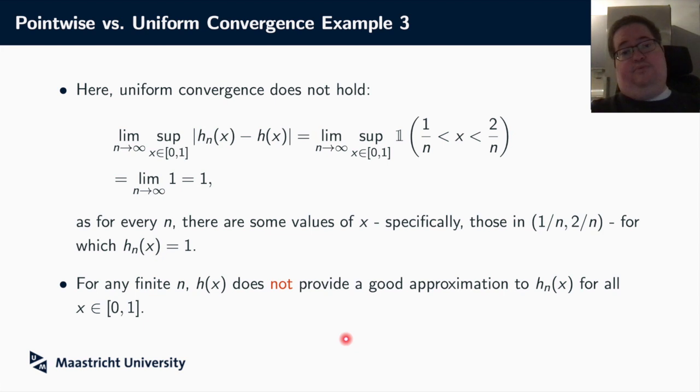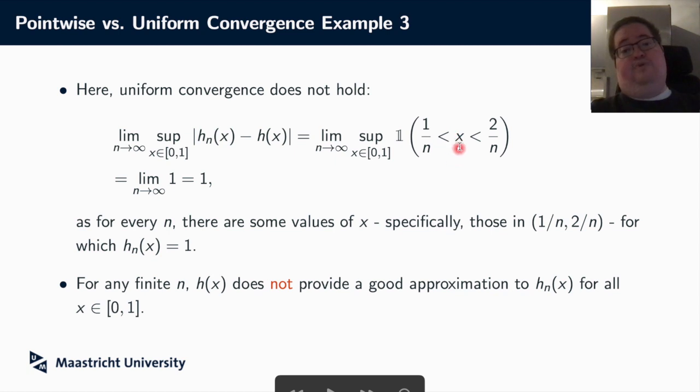But again, uniform convergence, as you might guess, does not hold. Because let's do the uniform convergence thing. We look at the difference between hn of x and h of x, which is just this function, this indicator function for this interval. And then we take the supremum over x's between 0 and 1. Well, do that here, and you realize that the value of the function is either 0 or 1.